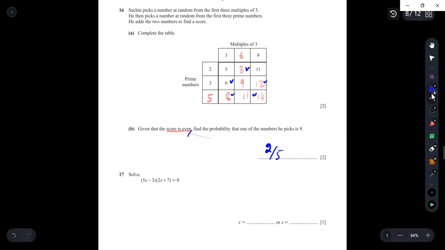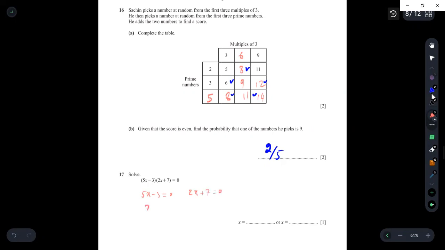Okay, so the next part. Solve this equation. So we are given the product of the two numbers equal to 0. It means either the first bracket is 0 or the second bracket is 0.